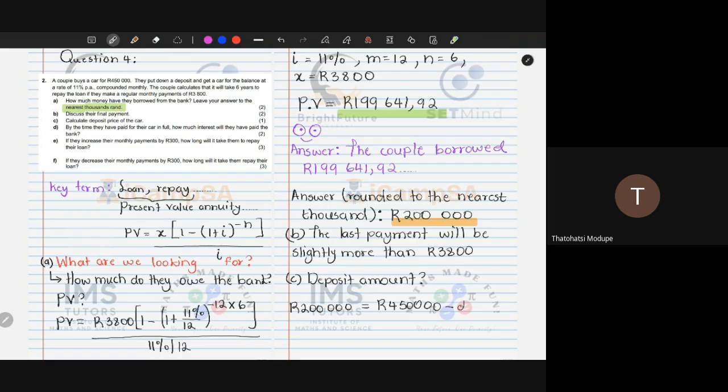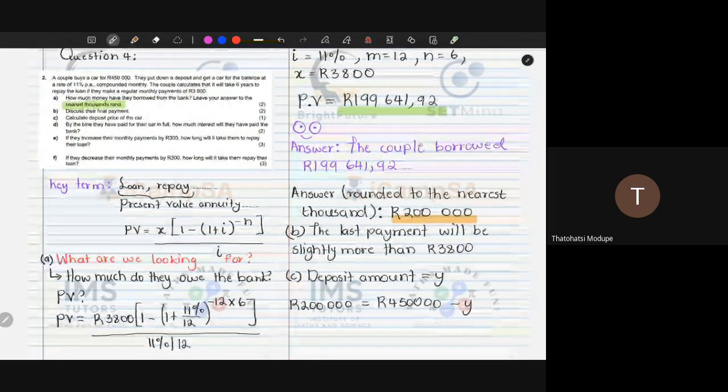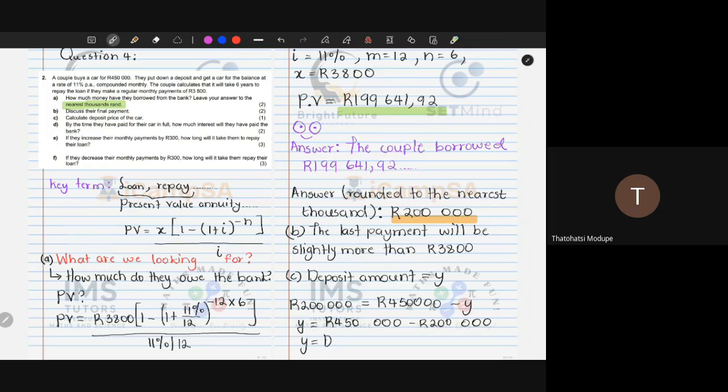So we must have put up a deposit amount, and let's call this deposit amount Y. So we did 450 minus Y for us to get to that amount, which is 200,000. So when you solve for Y, your Y will be 450,000 minus 200,000. And your Y, which will be your deposit, will simply be 250,000. Does it make sense, guys?